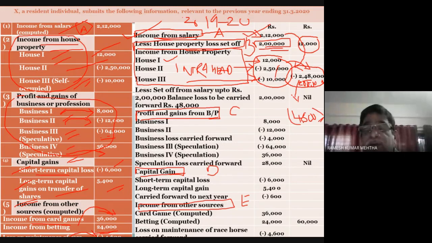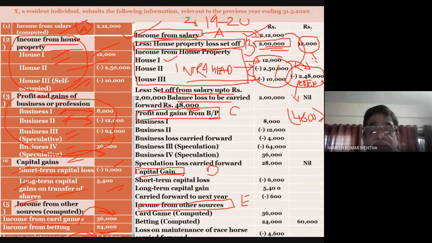This loss can be carried forward for the subsequent 8 assessment years, and you can try to set it off. That is what I have written here. Set off 2 lakh rupees from salary, and the balance which could not be set off can be carried forward to the tune of 48,000 rupees. So income from house property becomes zero, and income from salary is reduced from 2 lakhs 12,000 minus 2 lakhs to 12,000 rupees. Hope you have understood it.